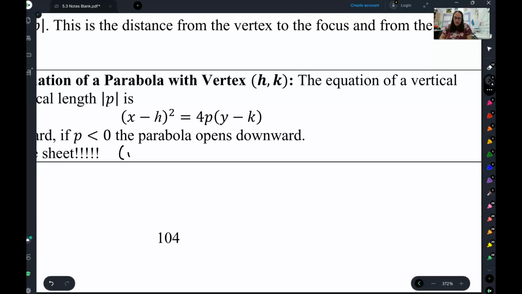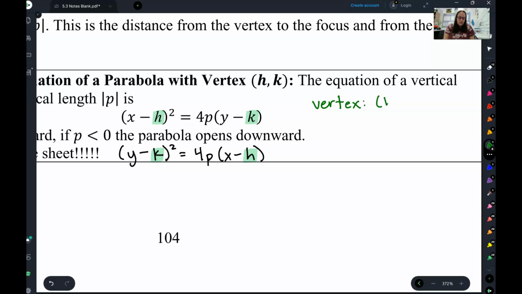We also have y minus k squared equals 4p times x minus h. We'll talk about the difference between those in just a moment. But notice that for both of these, we have h, k. That's your vertex.